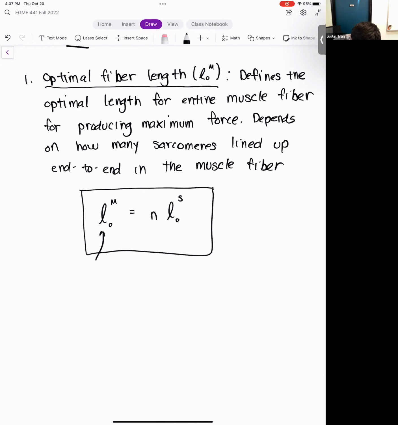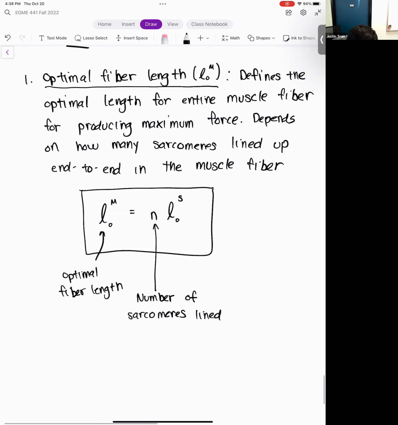Where LOM here is the optimal fiber length. N here is the number of sarcomeres that are lined up end to end inside that muscle fiber. And this LOS right here is the optimal sarcomere length.